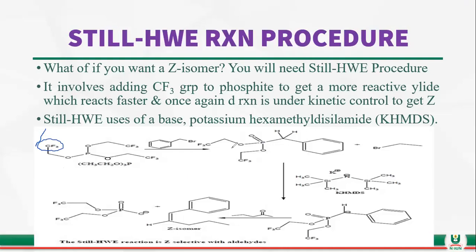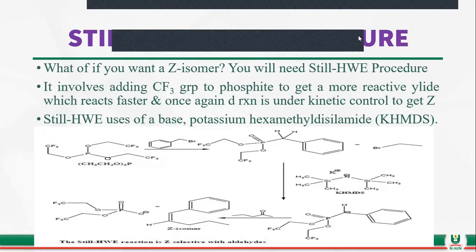The standard HWE procedure will help us to produce strictly the E isomer. However, if we allow the ester phosphate group to carry the trifluoromethyl group, then that strong electron withdrawal and strong reactive nature from the phosphorus makes it proceed to the Z isomer.